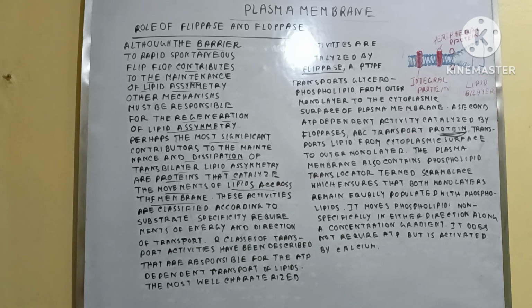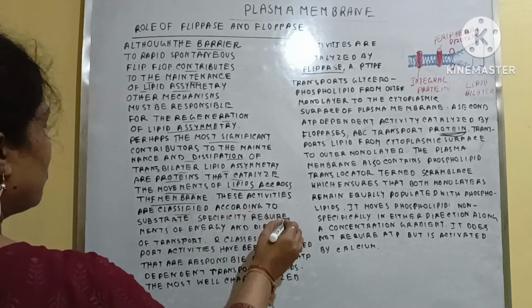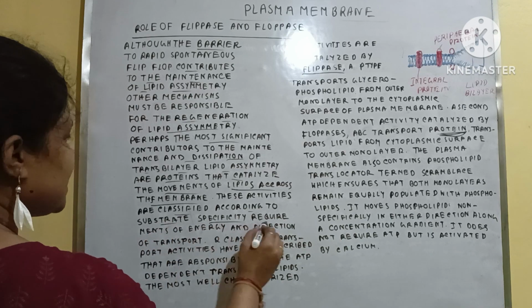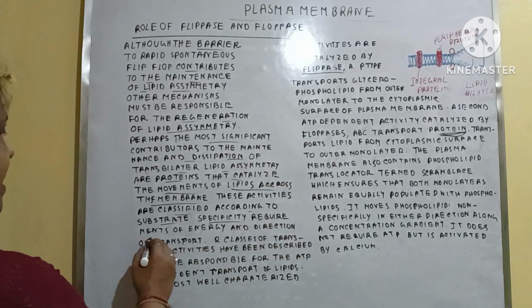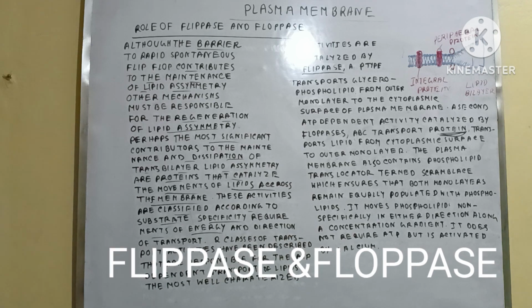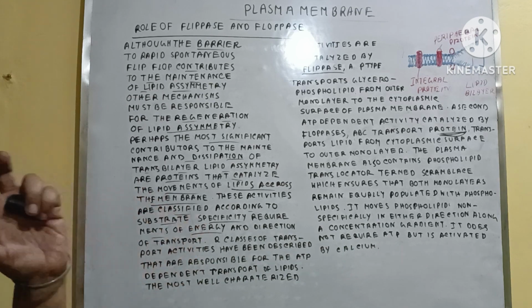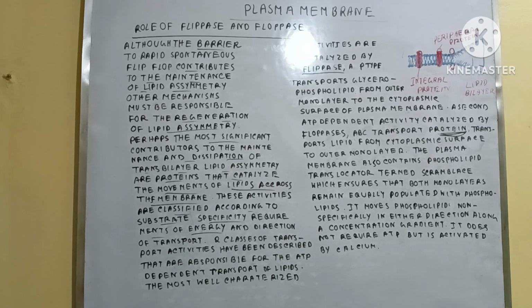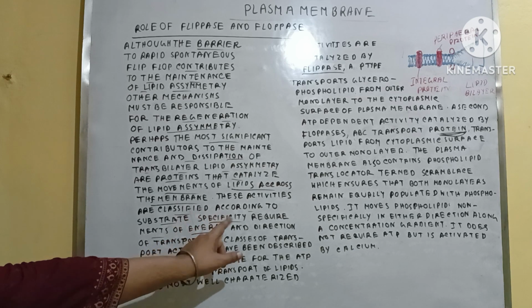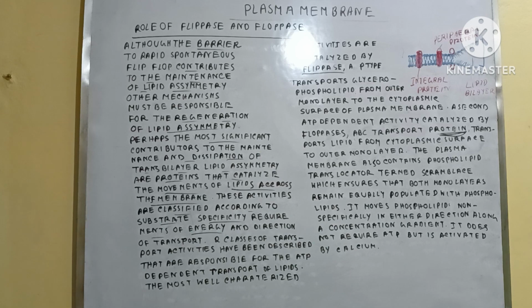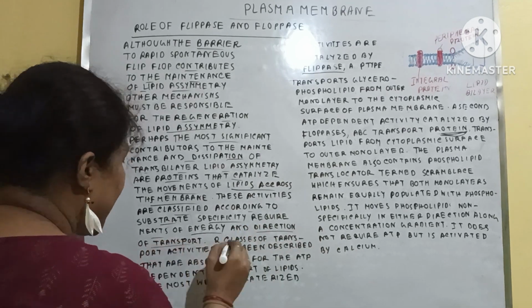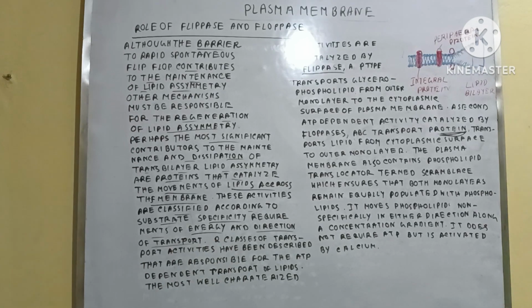These activities are classified according to their substrate specificity, the direction of transport, and their energy requirements. So three important points are necessary for the proteins and lipid asymmetry.